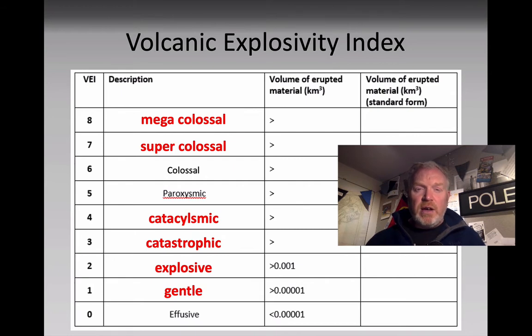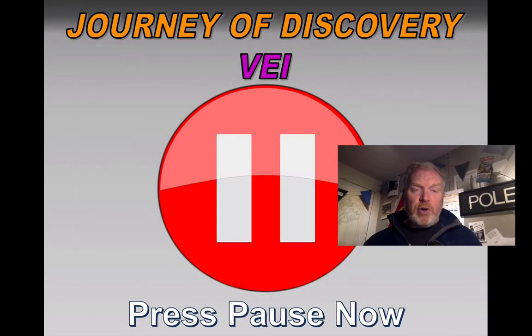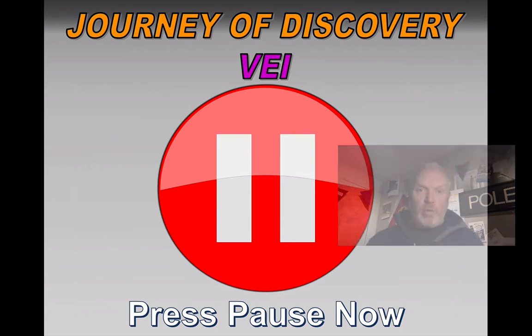Count the zeros, and a bit of a tip, start from the top and work down. You might want to watch the video that's linked in the email. So press pause now and have a go at questions 2A and 2B. See what you can come up with.